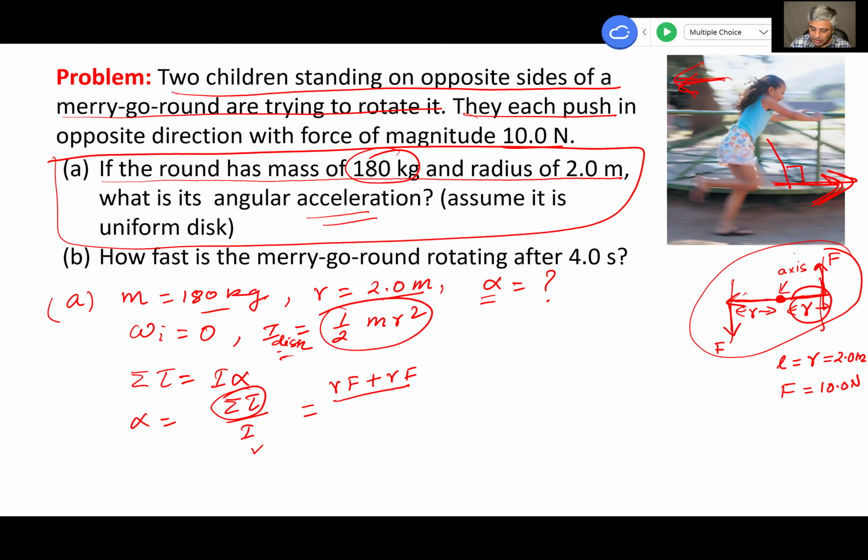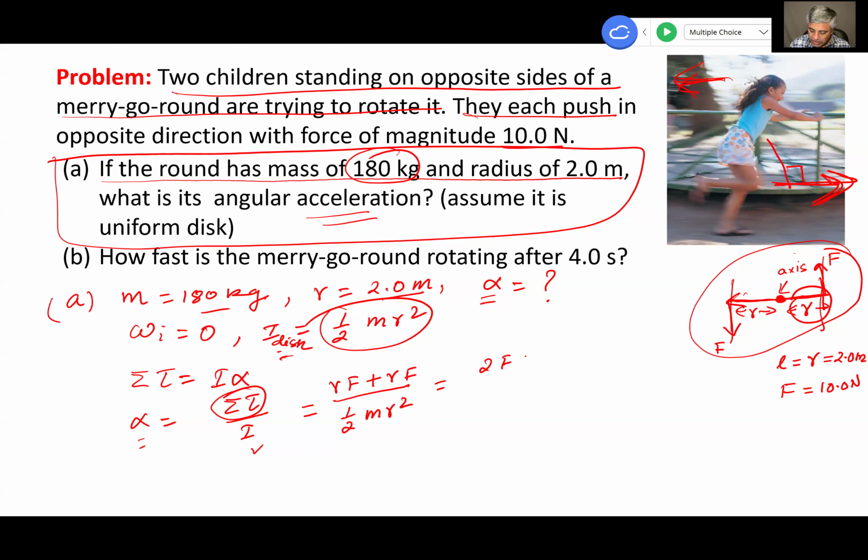And rotational inertia of the disk is half mr squared. So now you know everything. We can cancel one of the r, so 2F, and remember there is also r, 2Fr, or 2rF, maybe I should write rF.